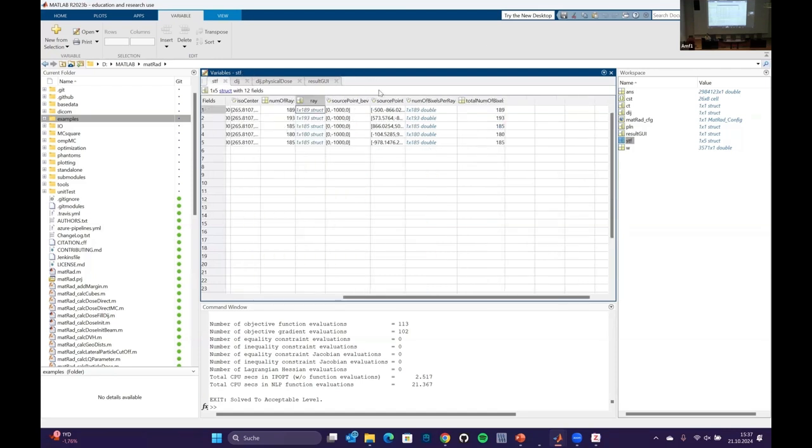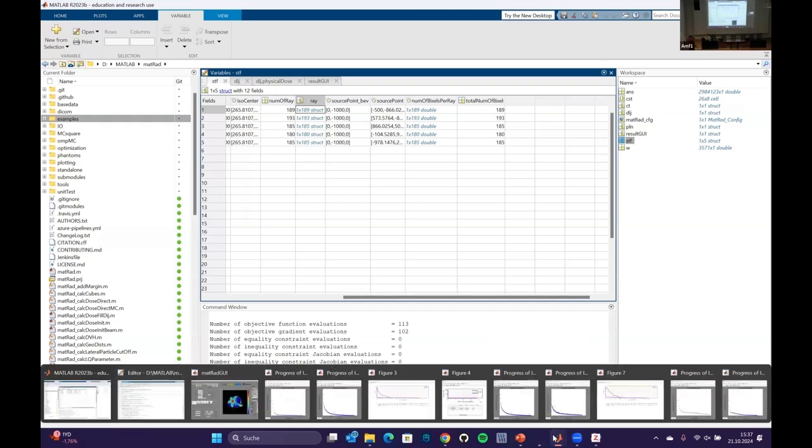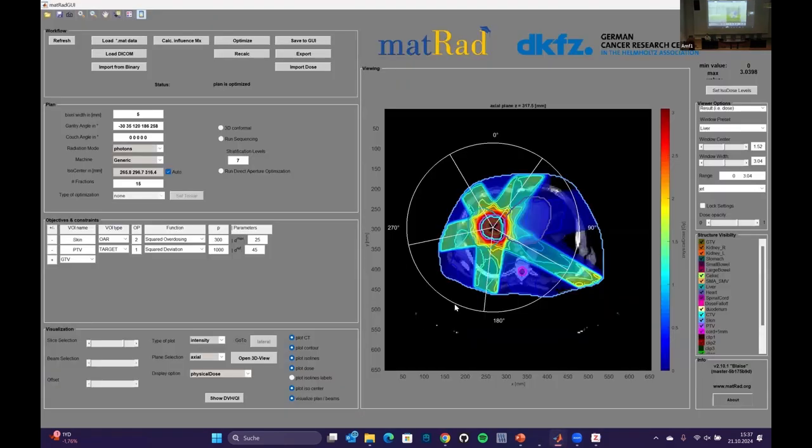The geometry definition is in a way disconnected from the dose calculation. So when you just define a geometry with a lot of transmission beams manually in matRad, which works, it's not too difficult, then you can just calculate and optimize a transmission beam. I hope that answers the question. Good. So, yeah, transmission beams are interesting for FLASH because you can then have very high doses.